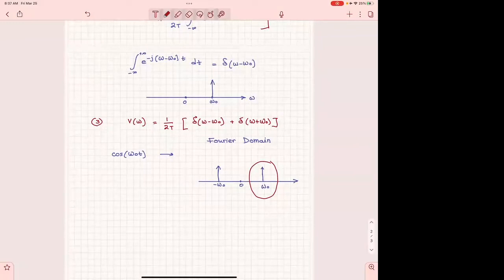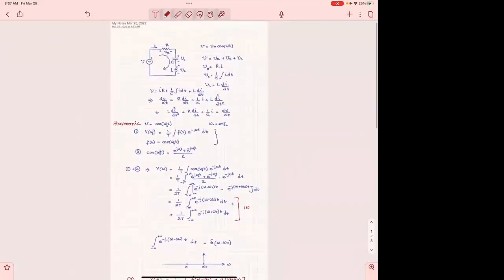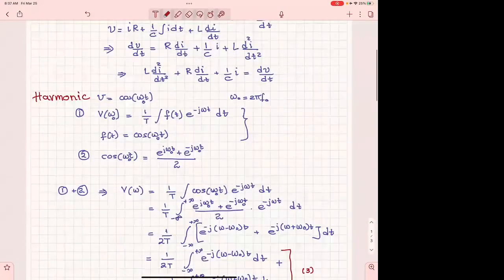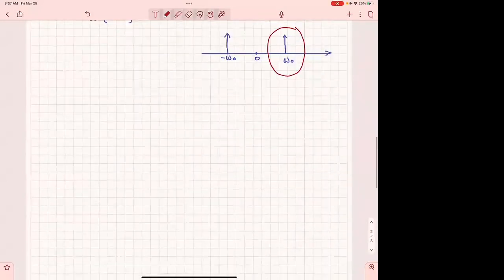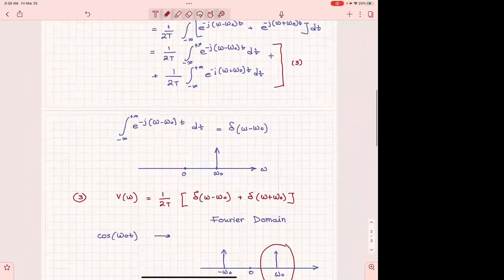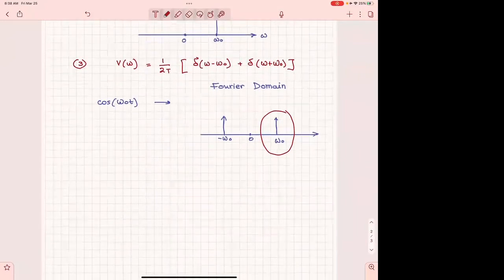So if I apply a Fourier transform to this, the cosine of omega t in the frequency domain is going to give me one point, which is omega naught. If you want to consider the full spectrum, it gives you two.